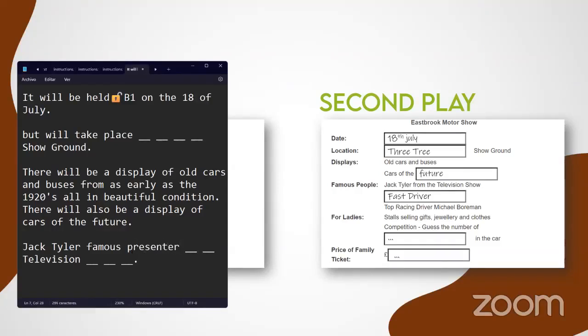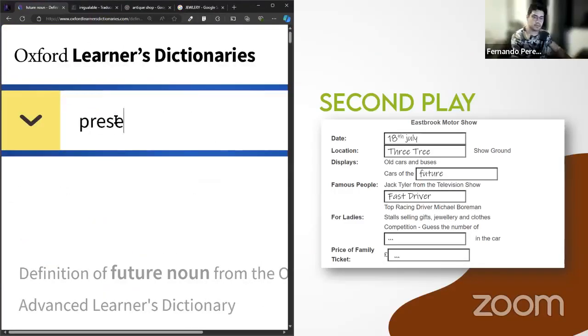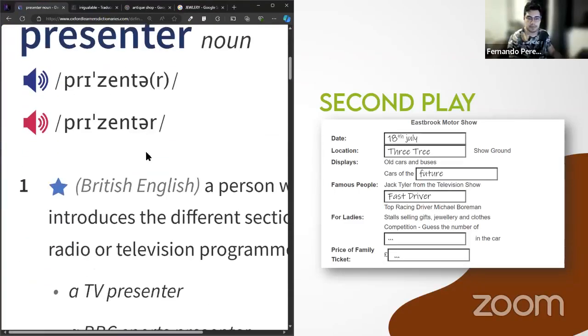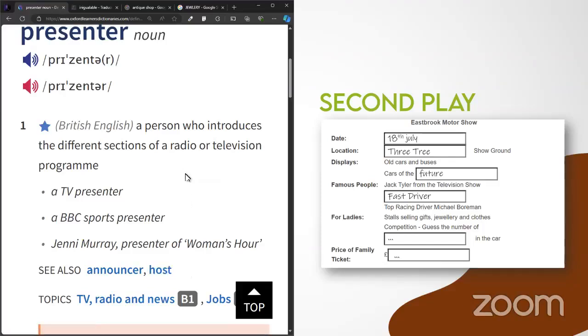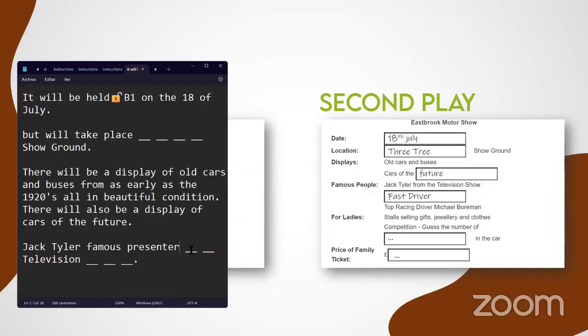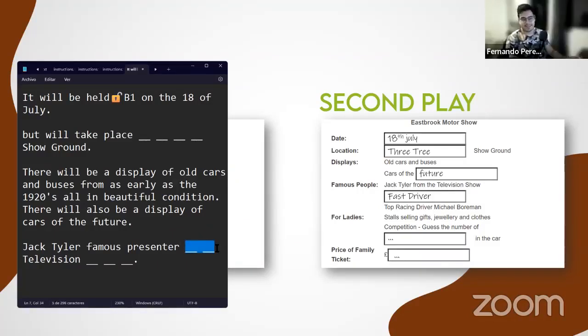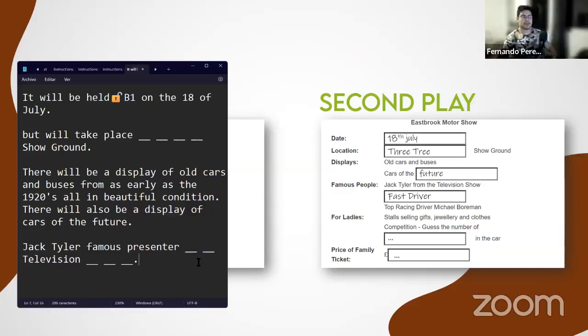Let me check the dictionary: a presenter, in British English, is a host in a television show. Famous presenter. You can complete this by logic. On television. Close. In the television. In is possible, but there's another option.